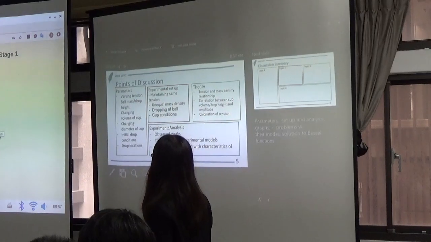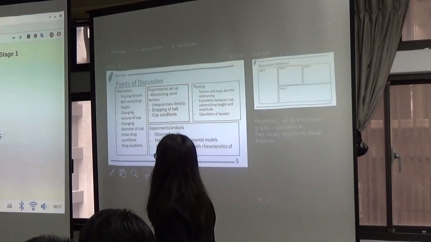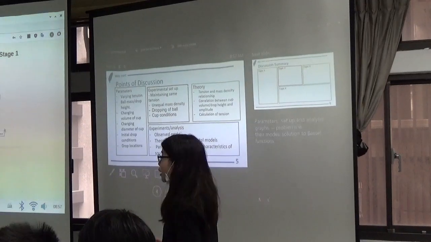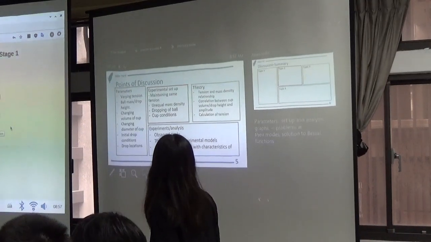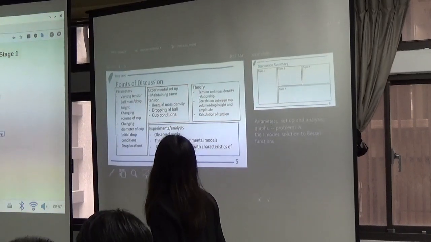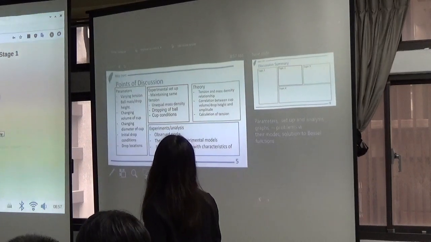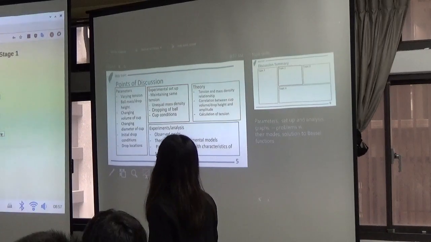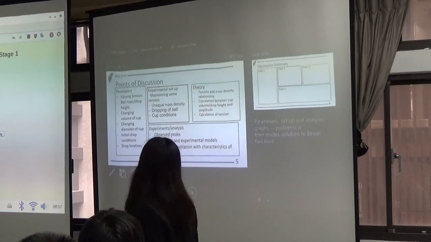For experiments and analysis, I would like to talk about observed peaks, theoretical and experimental models, and parameter correlation with characteristics of sound. For theory, I would like to talk about the tension and mass density relationship, the correlation between cup volume, drop height, and amplitude, and the calculation of tension.